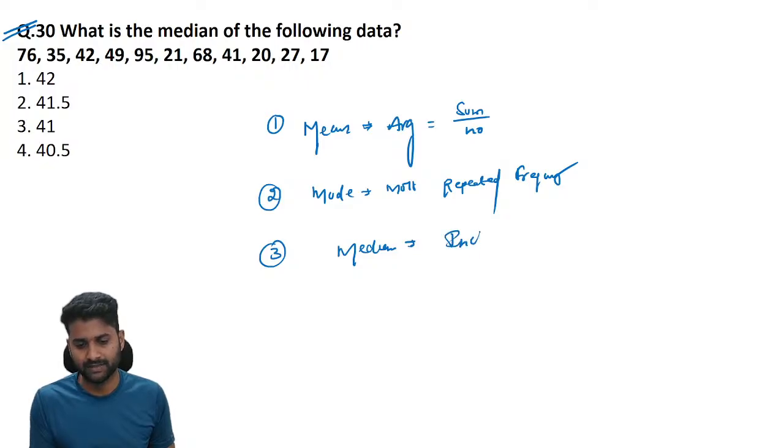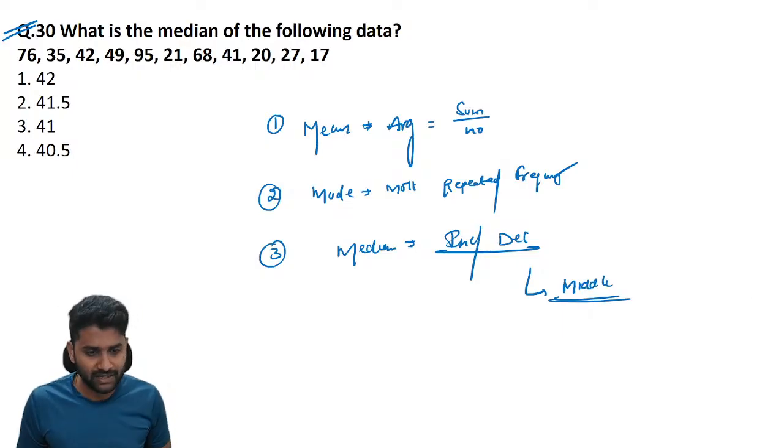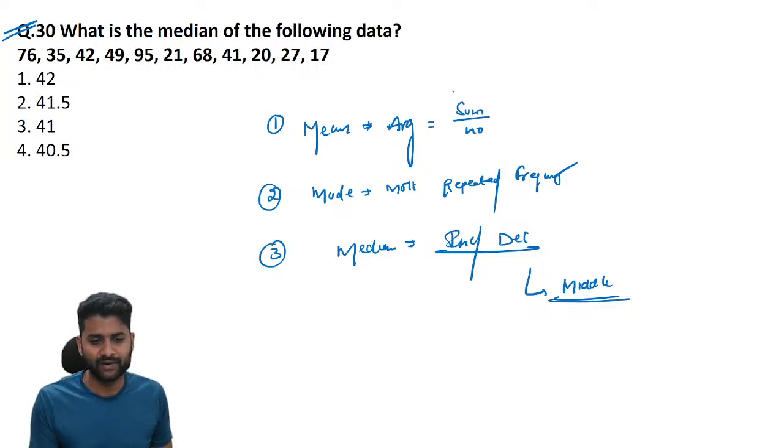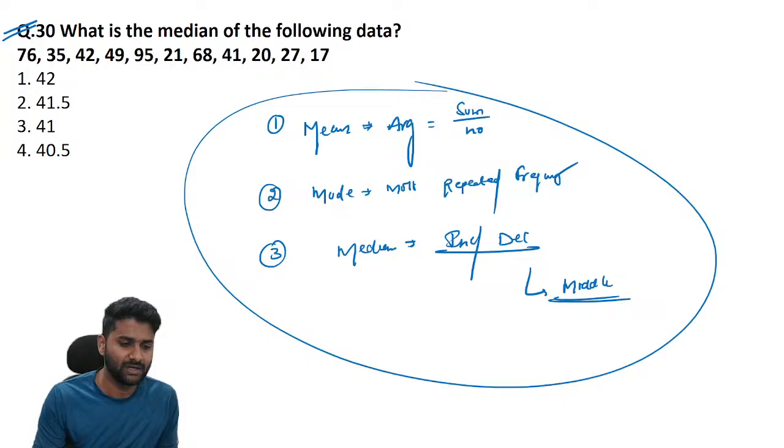Numbers you can arrange in increasing or decreasing order and find the middle term. The middle term of the increasing or decreasing order is the median. So these are the three different pieces of information. Definitely you can expect one question, either a mean, mode or median concept. Just try to solve this question and post your answer in the comment section.